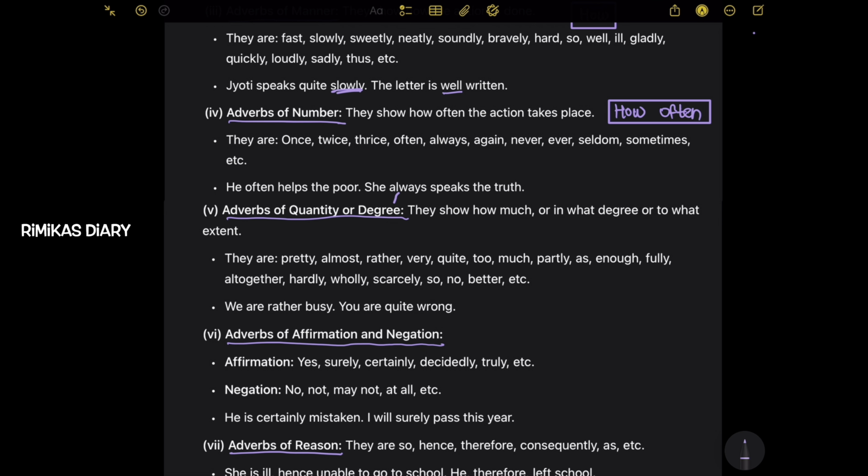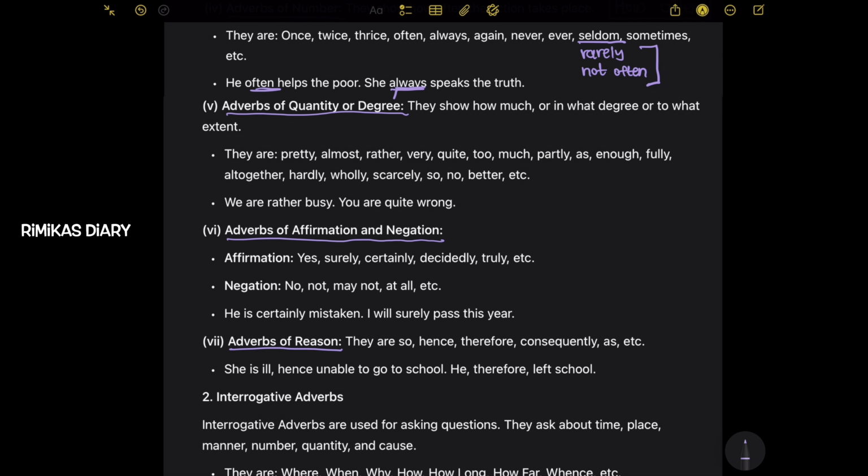She always speaks the truth. So seldom means rarely or not often. These are the meanings for seldom.